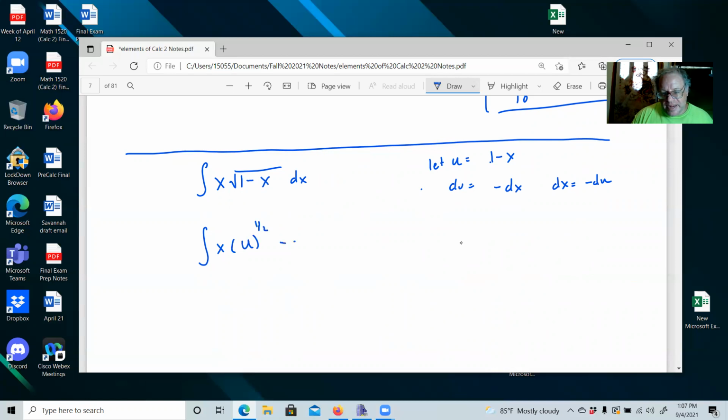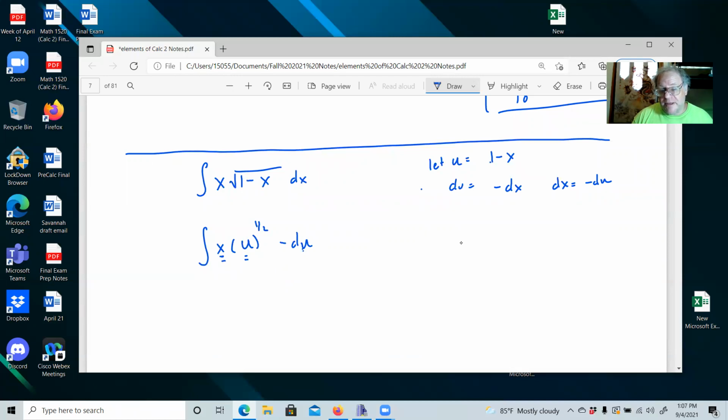Then I've got a negative. Can I integrate yet? You have an x and a u in here. You can't integrate with respect to u when there are two variables. It doesn't work. When you get to chapter 9, we have two independent variables.